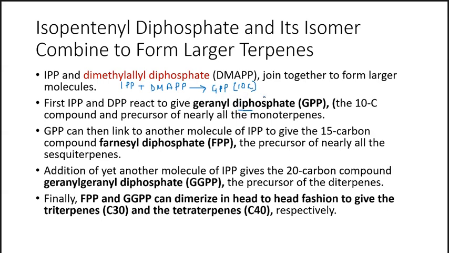Now geranyl is the precursor of all monoterpenes. This GPP, which is 10 carbon, will combine with another IPP to form what? A 15 carbon compound. The name will be farnesyl pyrophosphate, and it is the precursor of all sesquiterpenes.